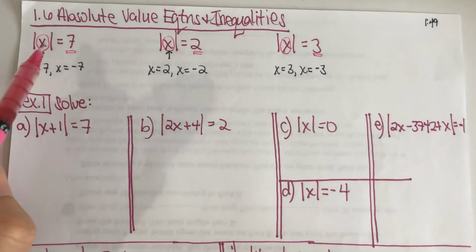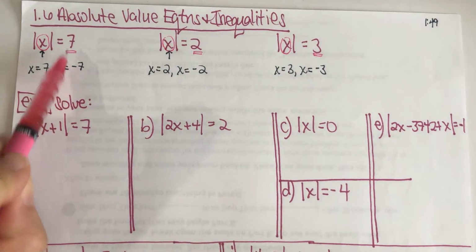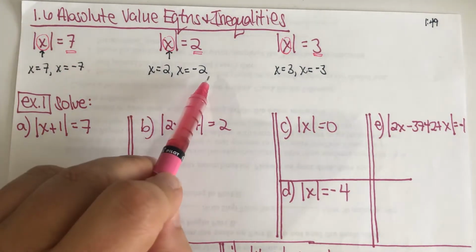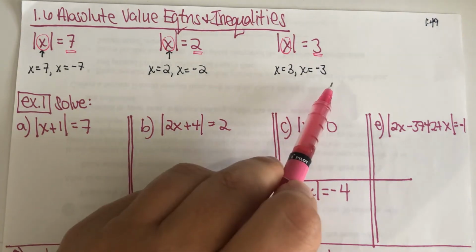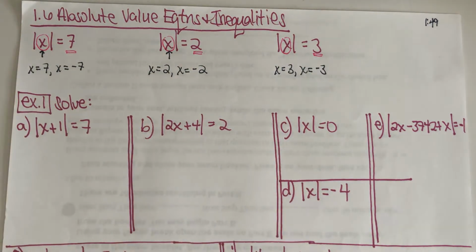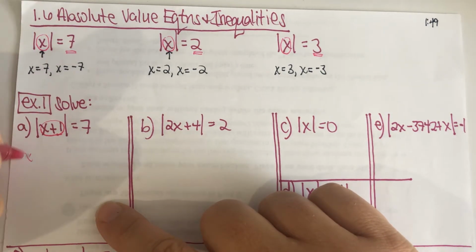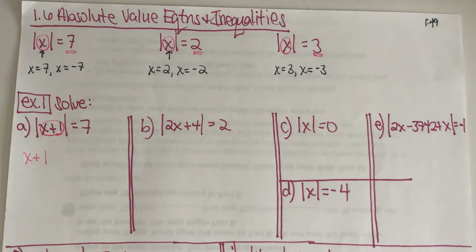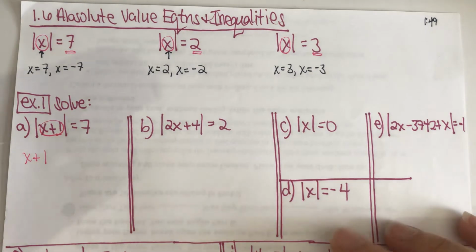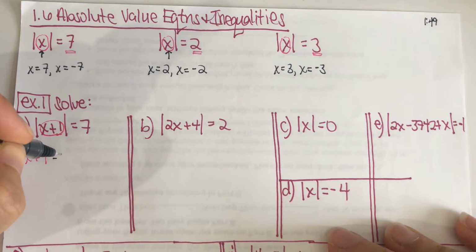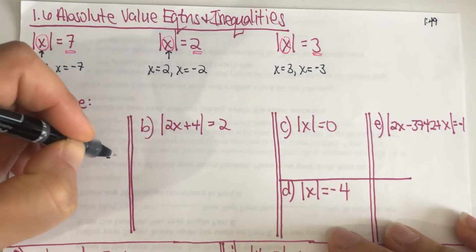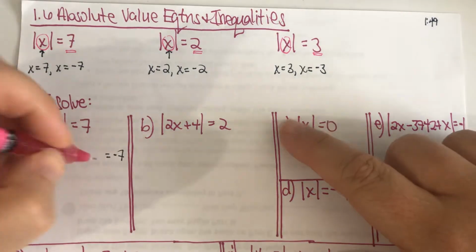Are you seeing that? So x is equal to positive and -7, x is equal to positive and -2, x is equal to positive and -3. So when we do our examples, that's going to be exactly the same. The thing inside of the absolute value, now it's not just x, but I take the whole thing inside and I set it equal to +7 and also -7.